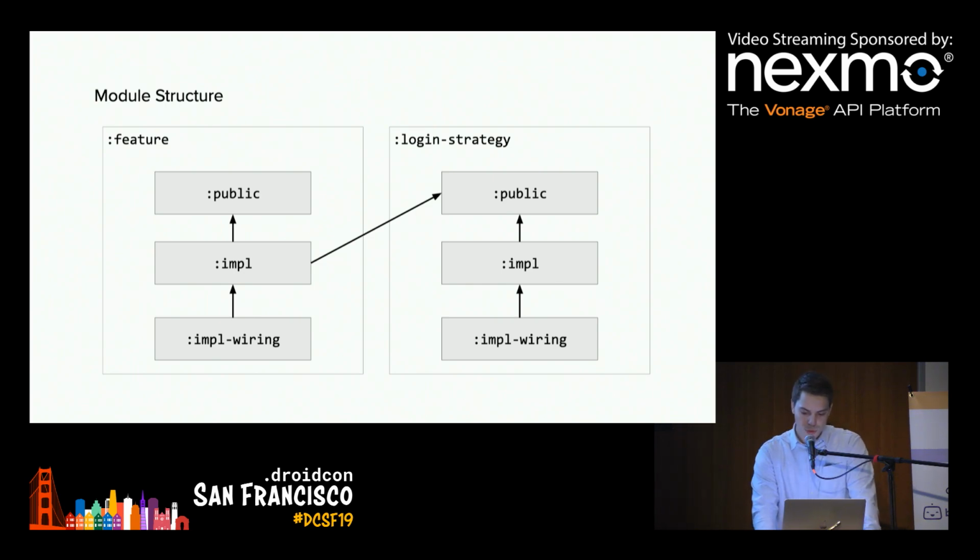But the most important rule in our code base is that no implementation module is allowed to depend on another implementation module. You're always supposed to import the public module. And this allows us to swap implementations for different applications without changing the code. So that's the only thing that you should keep in mind.